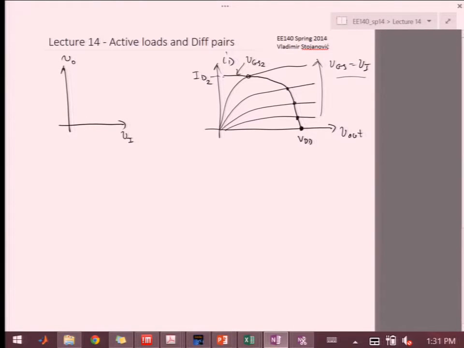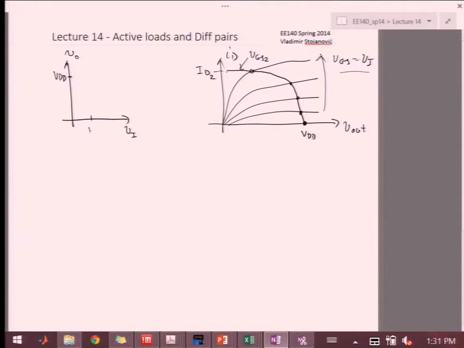So for example, here, if I start from here where V out equals VDD, then I'm in cutoff region, right? Because my ID is 0. Okay. And I stay there till when? Till my V in goes to what value? VTH, right? So my V in gets to VTH.